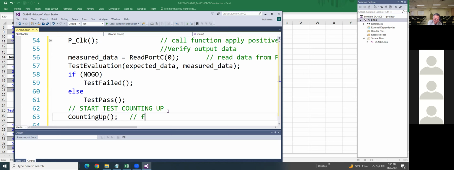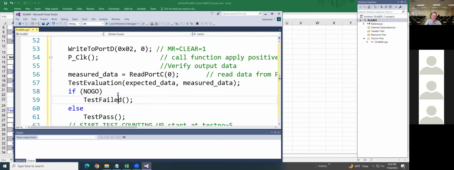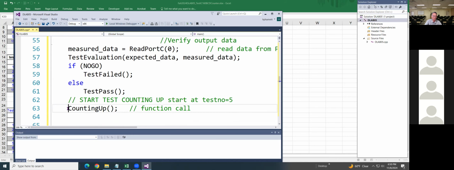That's what they call a function call. So, okay, when they run through number 4, they hit the counting up.